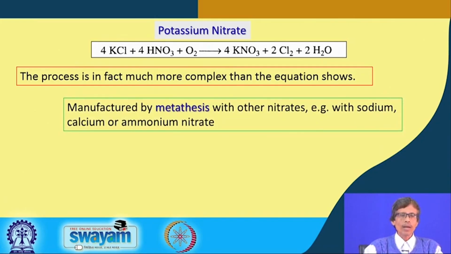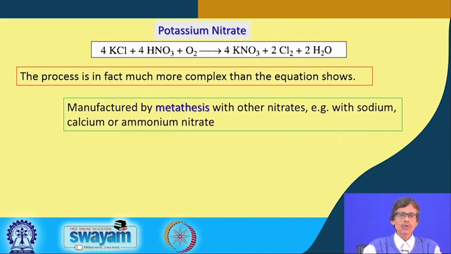So we can also manufacture this by metathesis with other nitrates like sodium, calcium and ammonium nitrate, instead of using nitric acid. So you now know the different things you can use to convert potassium chloride to potassium nitrate. The choice is in your hand: the direct reaction with nitric acid in presence of O2, or other nitrates which can even be costlier than the product, like potassium nitrate.